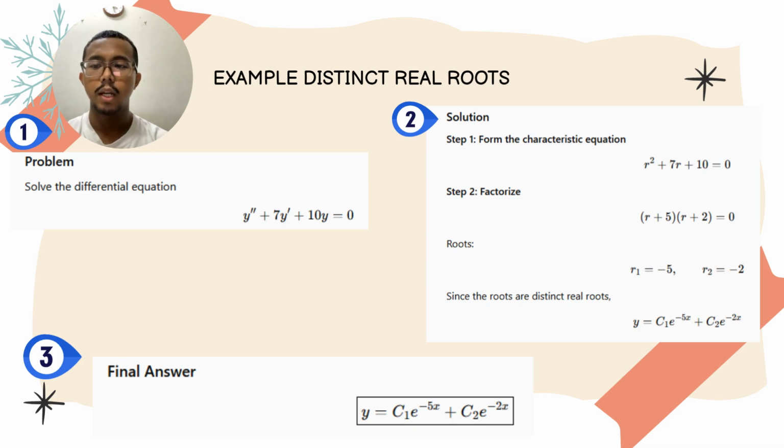Since the roots are distinct real roots, the general solution is C1 e to the power of negative 5x plus C2 e to the power of negative 2x. Therefore, the final answer is y equals C1 e to the power of negative 5x plus C2 e to the power of negative 2x.